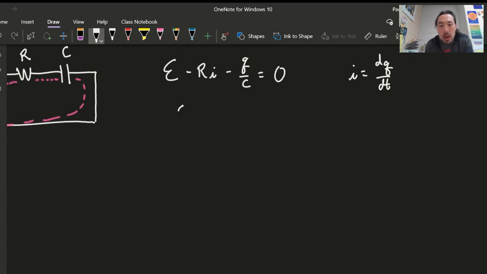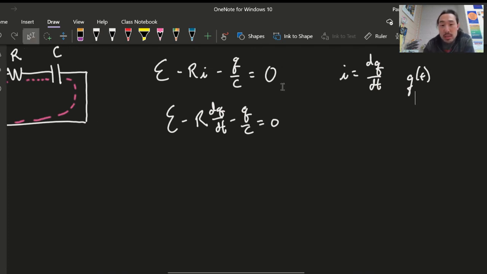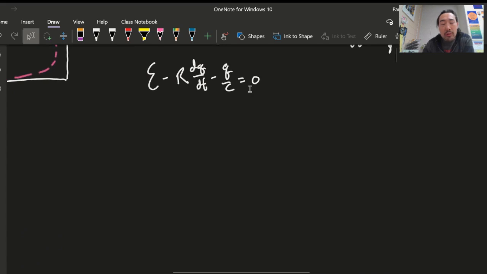We get EMF minus R times dq over dt minus q over c. Remember, our end result, we want a function in terms of q of t. So we want to make sure that every variable with a q in it is on one side, and every other variable is on the other side.